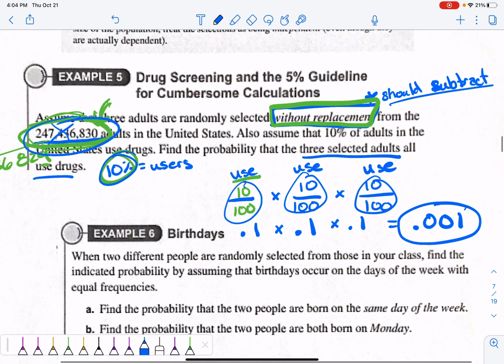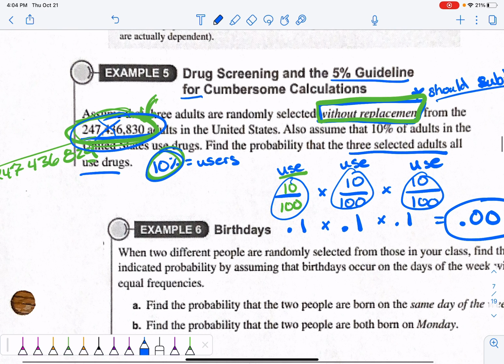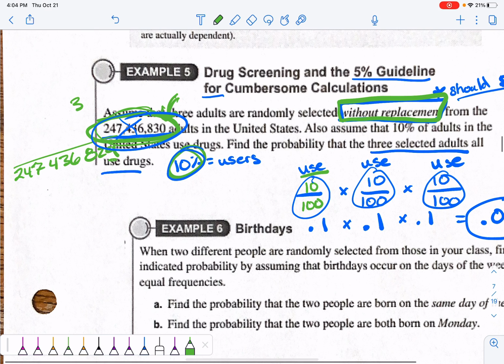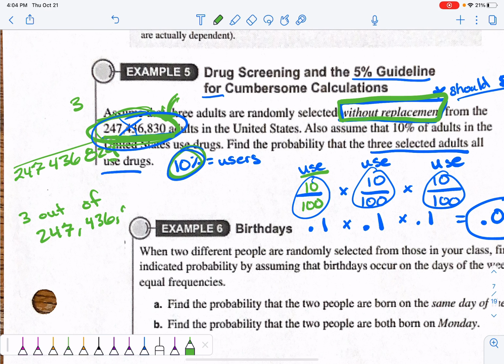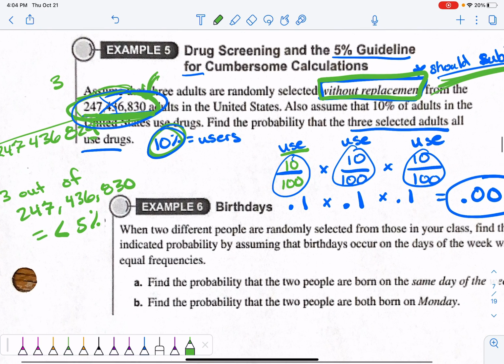They call it the 5% guideline for cumbersome calculations because we're selecting 3 people out of this 247 million. So 3 out of 247 million equals less than 5%. I'm choosing less than 5% of the population, so I am allowed to not subtract even though I should. That's how it works with the less than 5% rule.